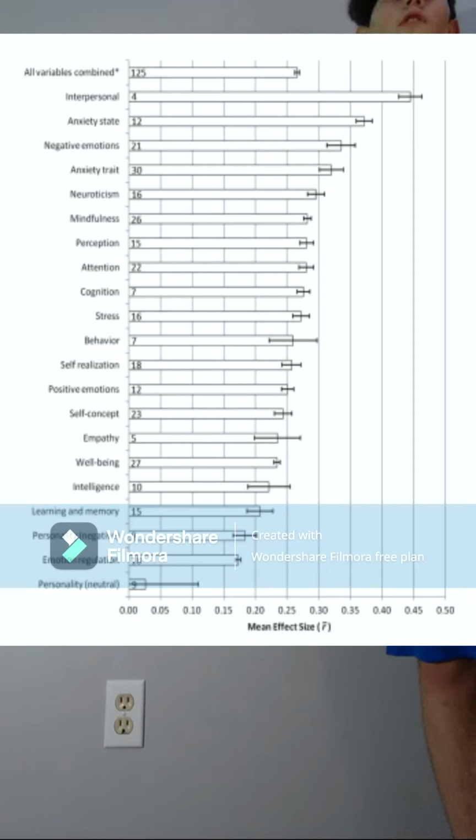So you can clearly see meditation is having some sort of effect on things such as interpersonal relationships, where the effect value equals 0.44, state anxiety, negative emotions, and trait anxiety. Meditation can help you in certain ways. It seems not really to affect our mental capabilities though.